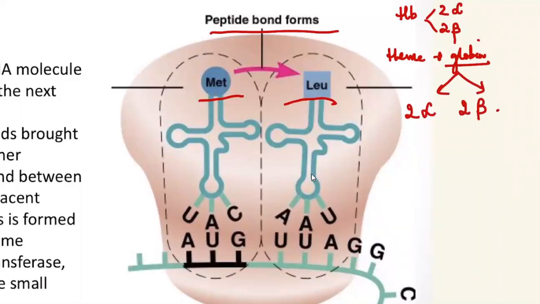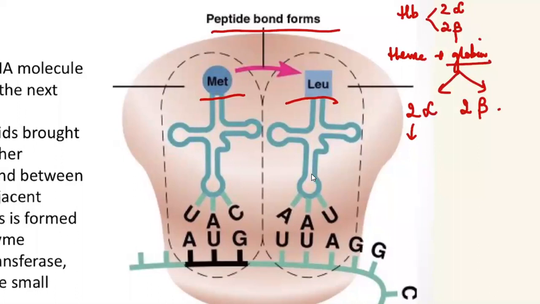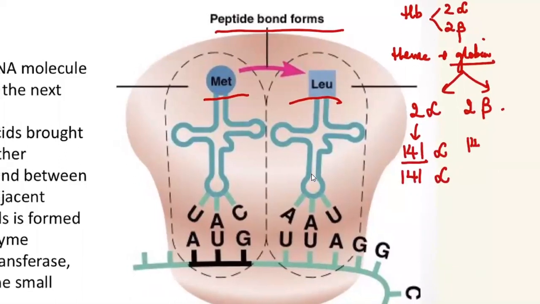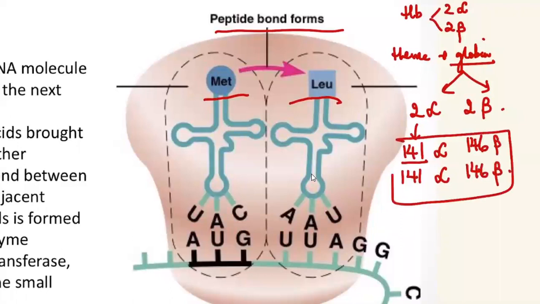Do you know that each alpha contains 141 amino acids? So 141 amino acids एक alpha chain के हुए, 141 दूसरी के हुए. फिर each beta chain consists of 146, another beta chain consists of 146. Just imagine the complexity of this protein. 141 plus 141 plus 146 plus 146. तो सोचो कि ये कितनी देर तक इसकी ट्रांसलेशन चलती रहती होगी, right?